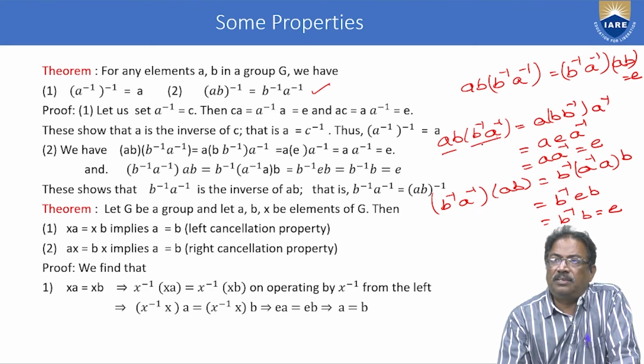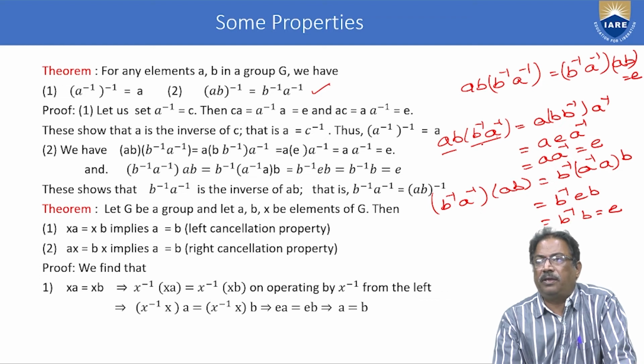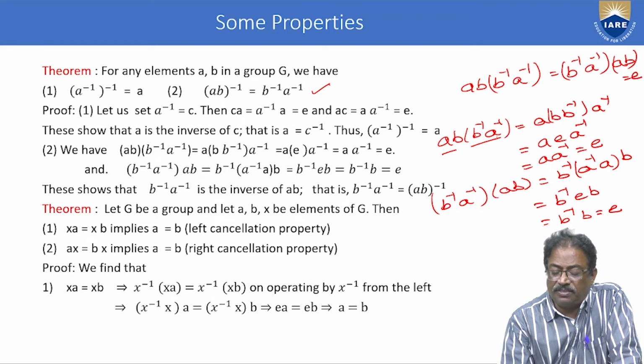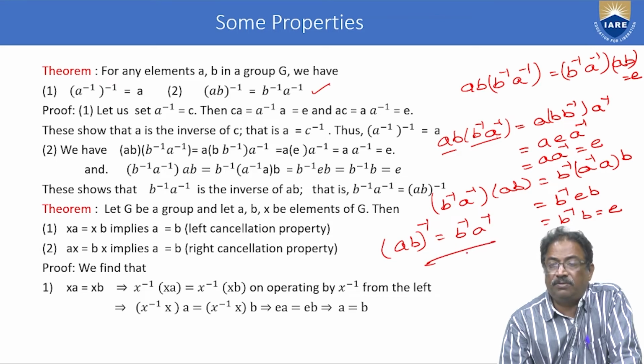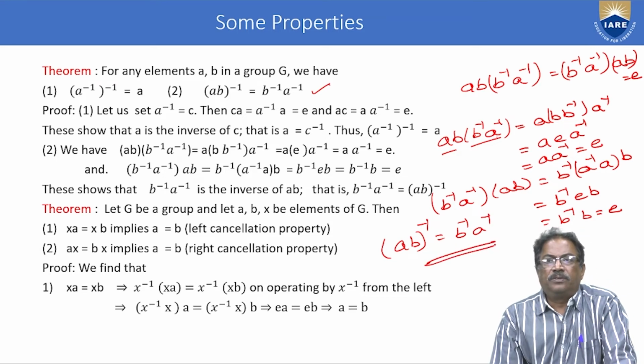Earlier C is replaced with AB, so I write (AB) inverse is equal to B inverse A inverse. So this is the second one.